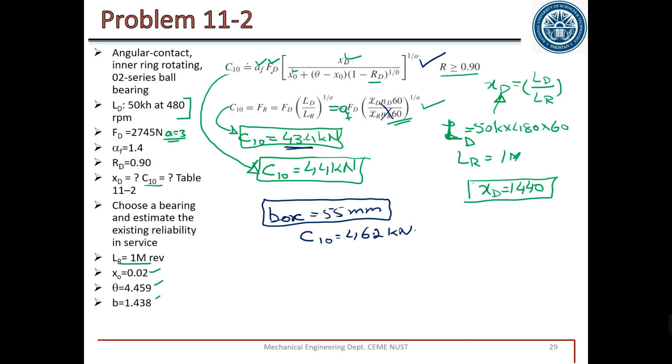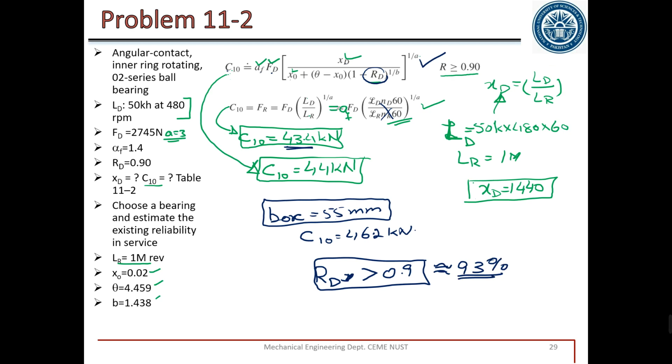We just need to check, if the load is the same, the bearing is the same, and all the other factors are the same, what is the effect on reliability? So substituting 46.2 in this equation, and substituting all the other values and calculating RD, this value of RD will be greater than 0.9. I think I have not written the answer, but I think it is almost 93%, but I'm not sure.